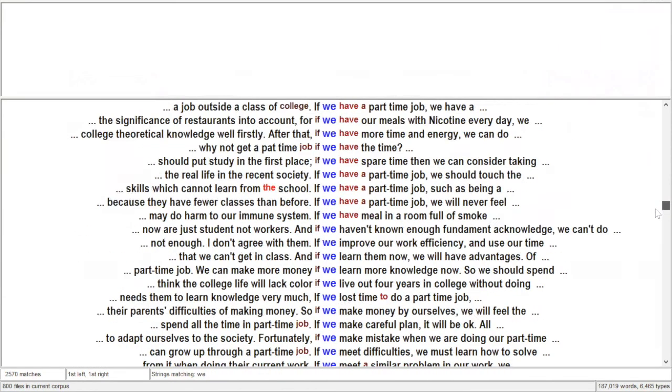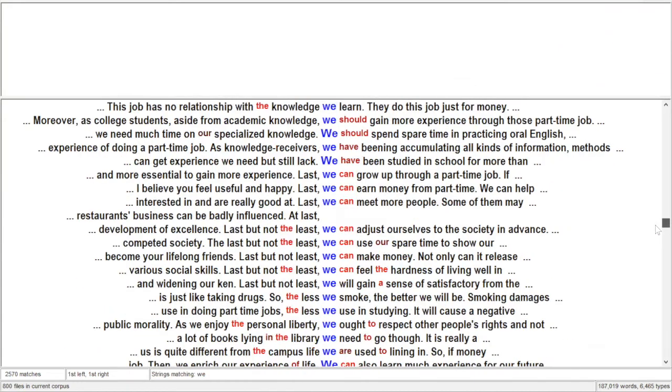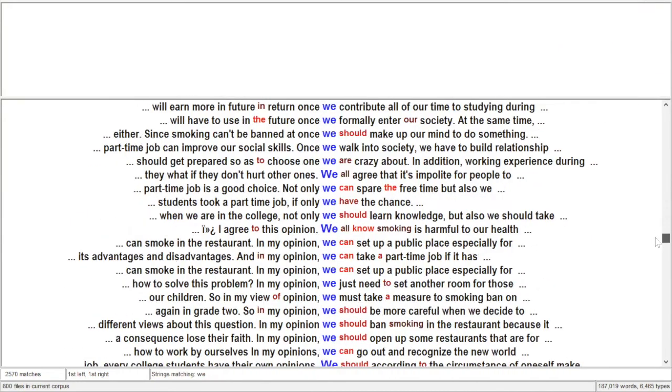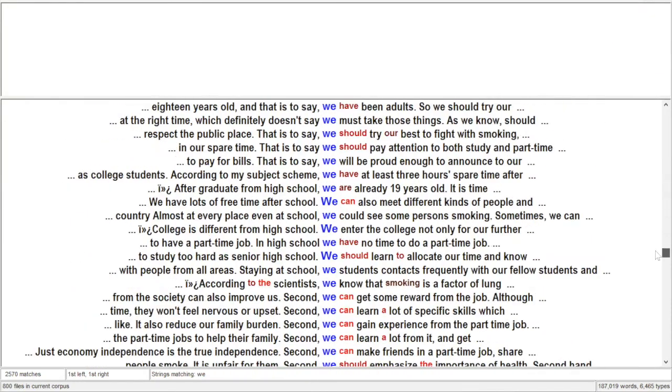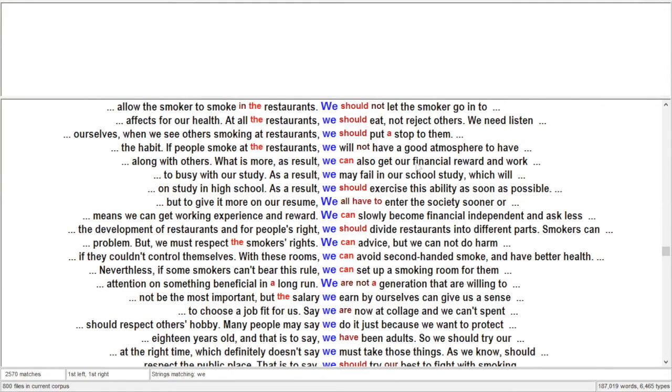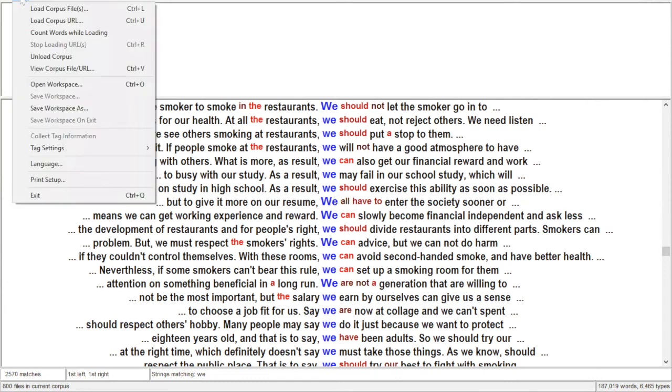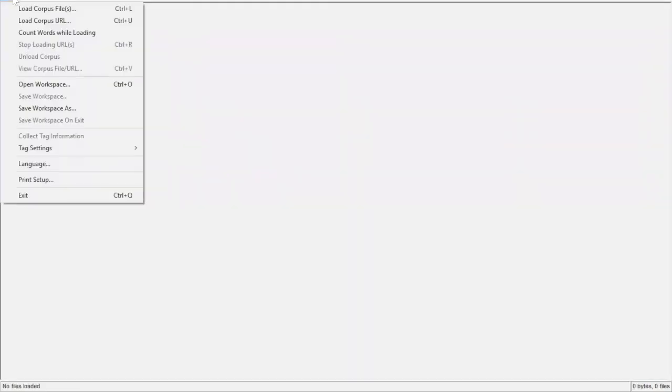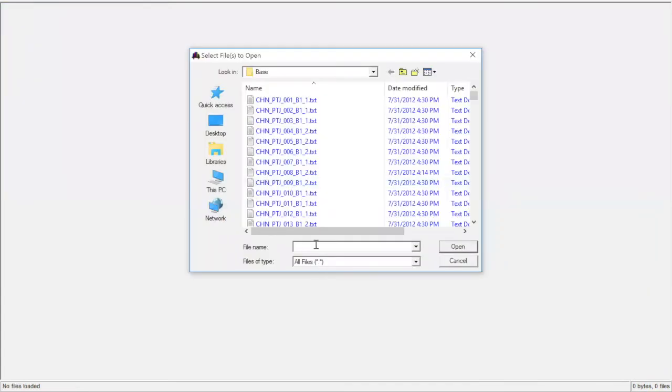The users say "we", kind of this plural, more distant, rather than the use of "I". Let's unload that and look at the usage by the English native speakers.